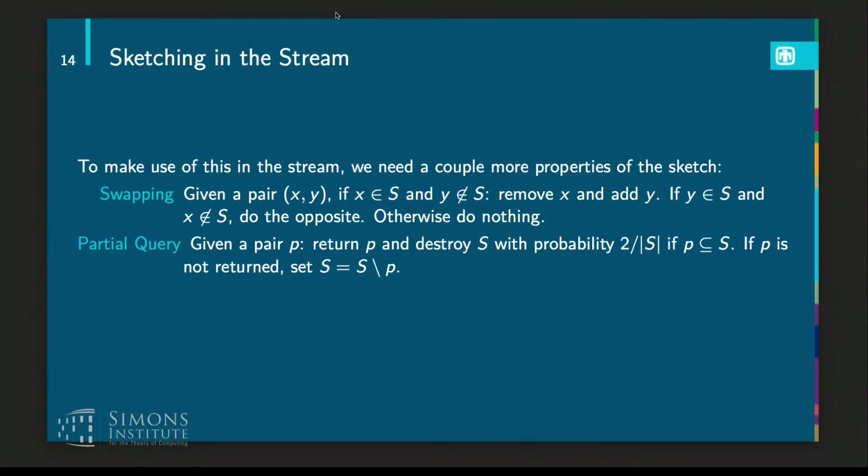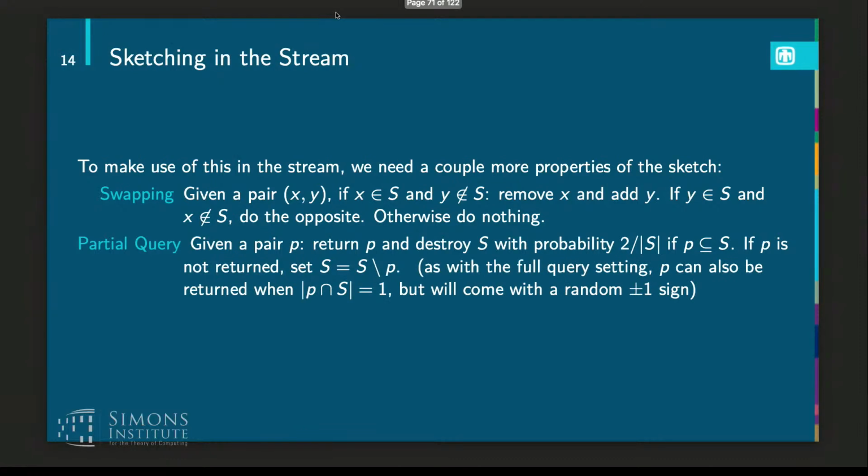That's about proportional to 1/s. But we don't want to destroy our set if our query fails. Instead, when our query fails, all that's going to happen is that we remove both of the elements of the pair from S, if they're present. As in the full query setting, we have the same caveat that maybe you can return P if it has only size 1 overlap with S, and it will have a ±1 sign if you do. And if you do return P, it will actually destroy the set S.